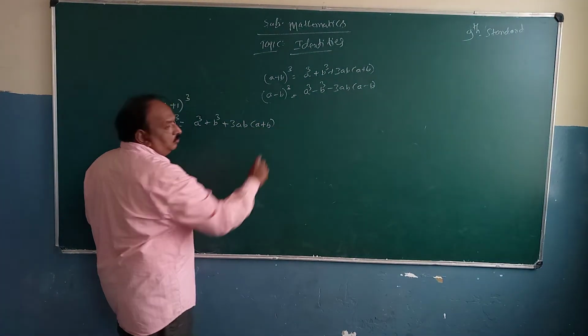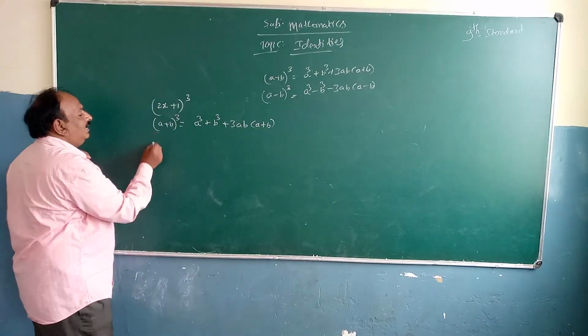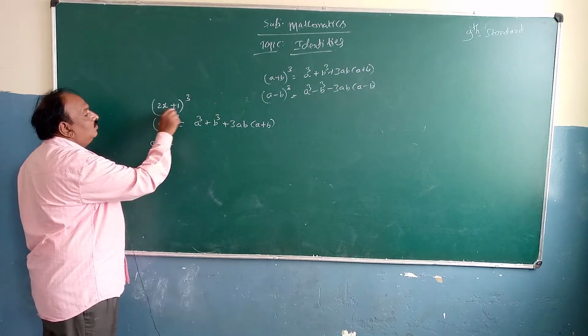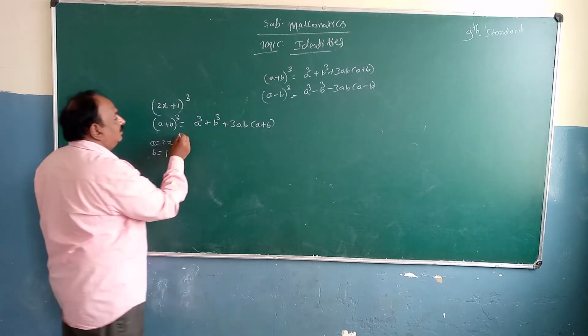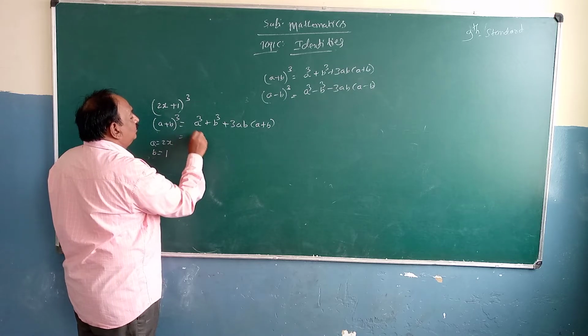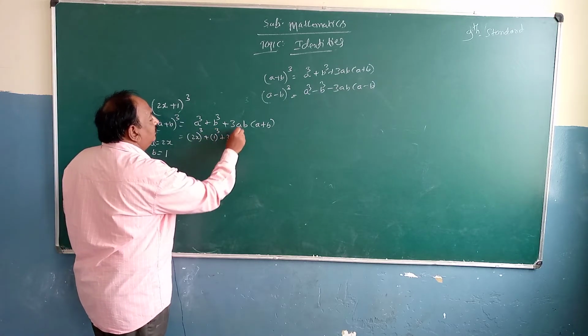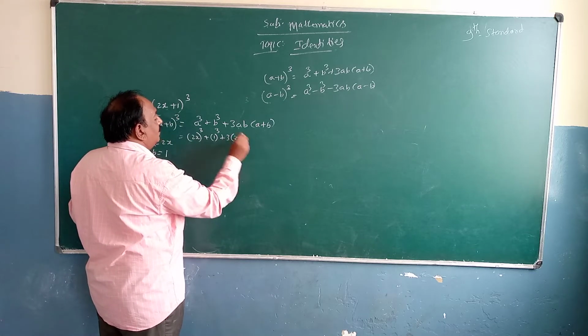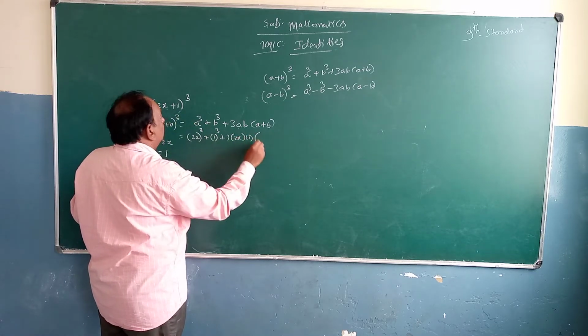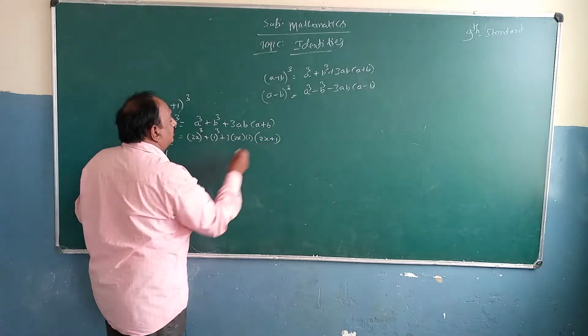What is a? A is 2x. What is b? B is 1. A cube is 2x whole cube, b is 1 whole cube. 3 into what is a? 2x, b is 1, into 2x plus 1.